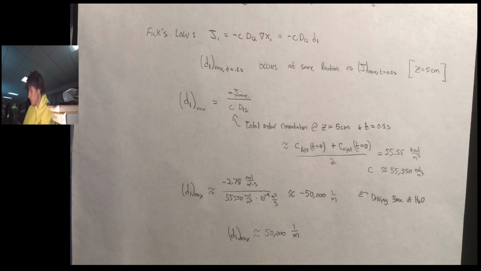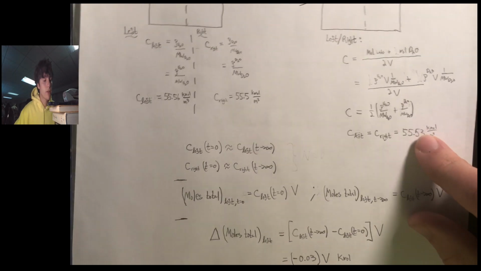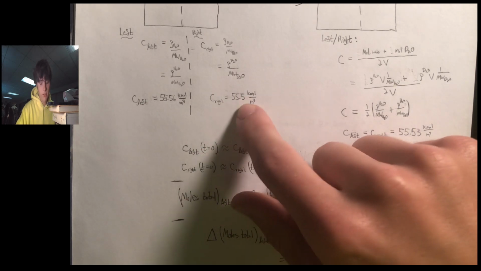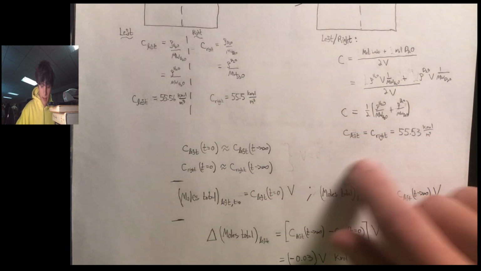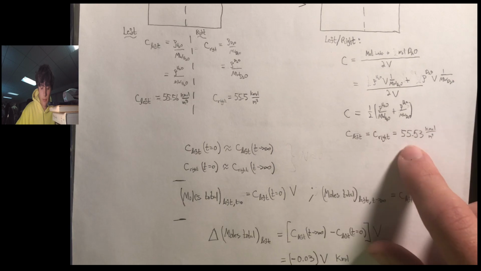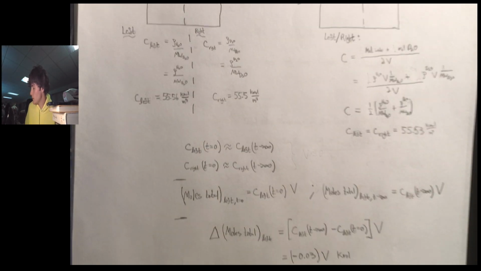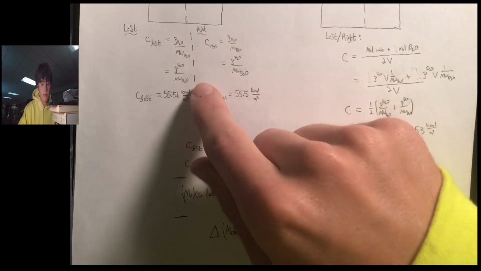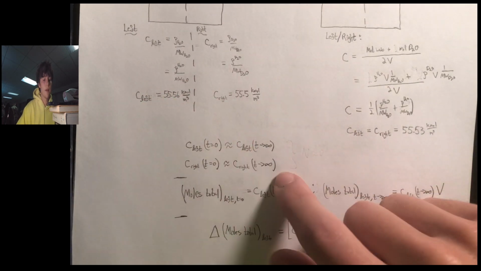So let's go back to our discussion on molar concentrations. The total molar concentration on the left-hand side initially, the total molar concentration on the right-hand side initially, and the total molar concentration at equilibrium are all approximately the same, and since we're doing an order of magnitude estimate, we could use either one of these, but I'm just going to use the average of these two total molar concentrations.